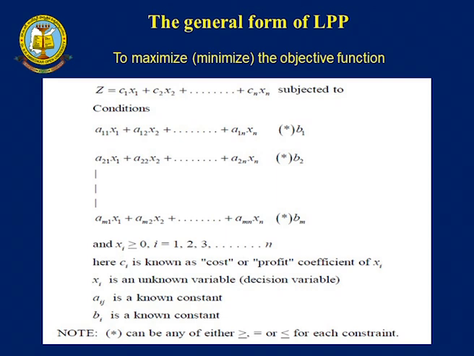So here I am taking a total of m constraints with n unknown variables. This is the structure of the subject to the constraints, and here all c1, c2, c3 up to cn are the profit coefficients of the xi's.